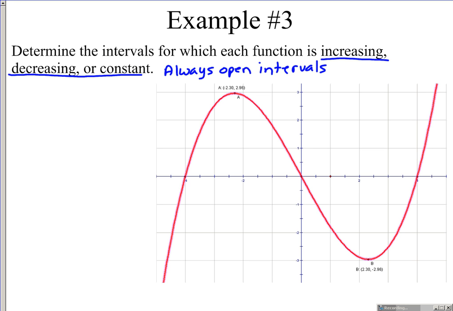Now, this will be a problem on the test that'll be missed a lot, and it should be really easy points if you can remember a couple things. The only time you are going to use y values ever in interval notation is when you are describing range.